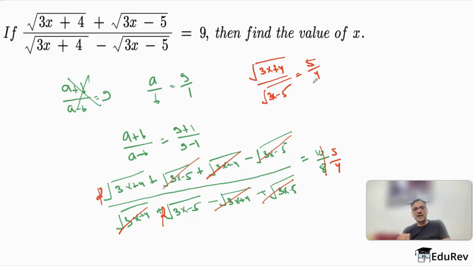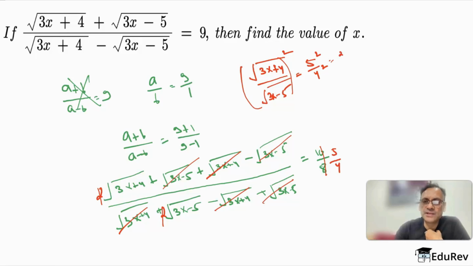Okay, now let's square both the sides. So we'll square this and cross multiply. When you square, on the left hand side the under root will go away. On the right hand side you'll have 25 by 16. So let's multiply with 16. 16 into 3, 48x plus 16 into 4, 64 is 25 into 3, 75x minus 25 into 5, 125.